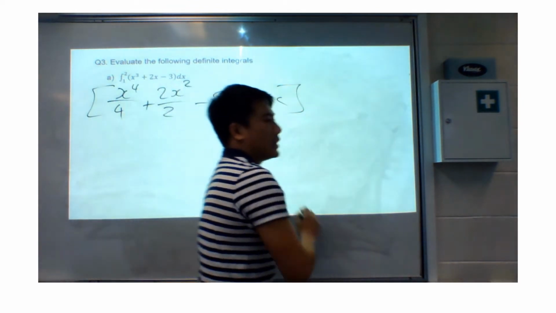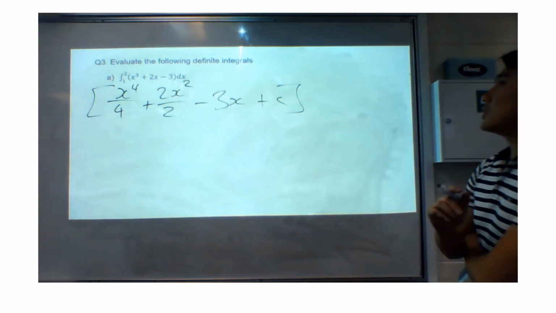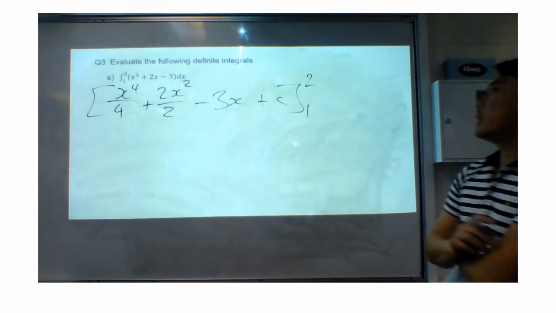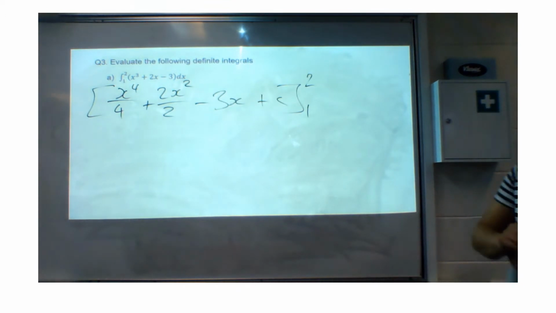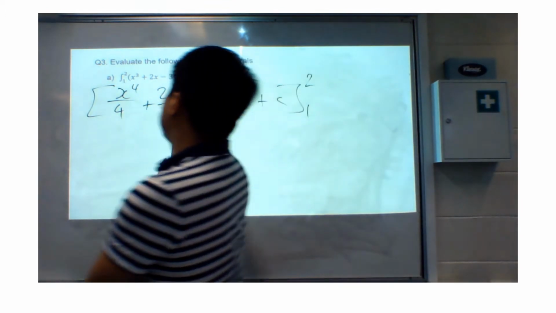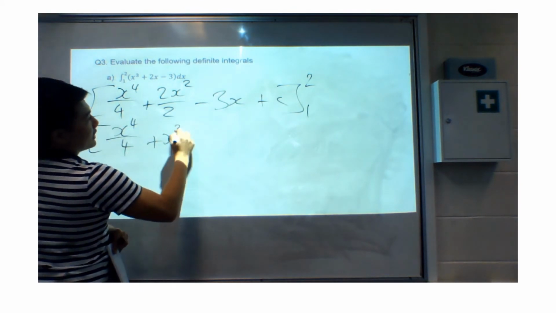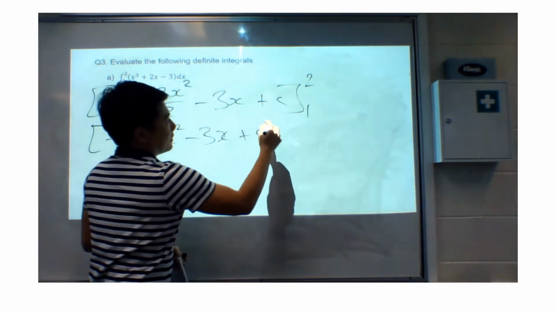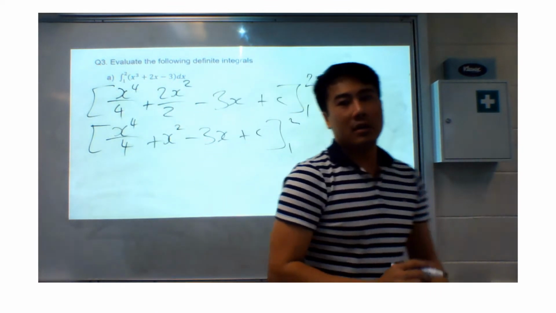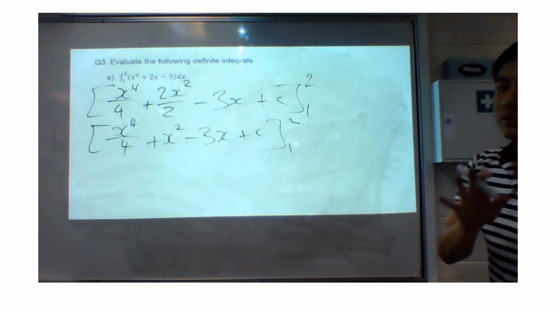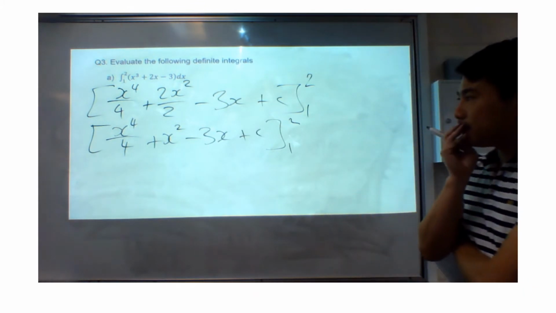And because it is a definite integral, we use the square brackets, 1 and 2. Let's tidy this up a little bit. So this becomes x to the power 4 over 4 plus x squared plus 3x plus c, 1 and 2. Next is the part where a few of you make silly errors.